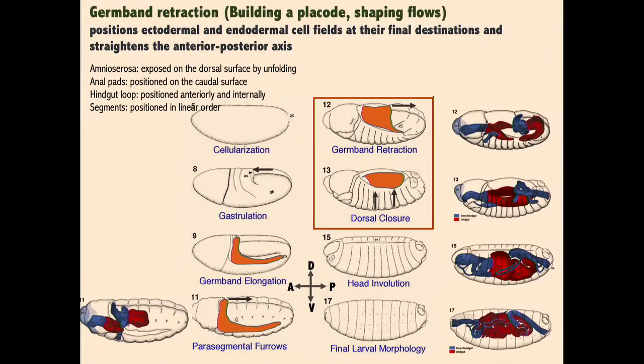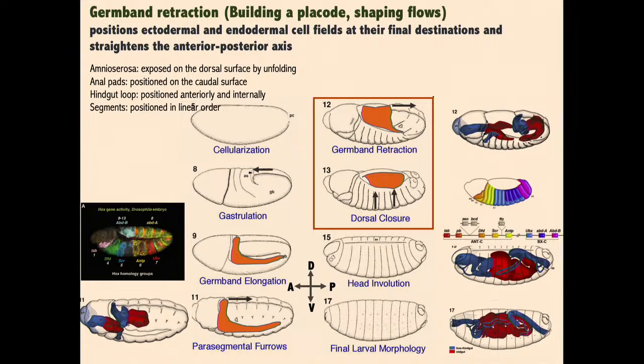So the blue bits here are the gut, and this is what I was talking about, the hind end of the gut. It's actually not at the hind end. To begin with, the opening is at the top of the embryo, and the way it gets to the back is through this process.